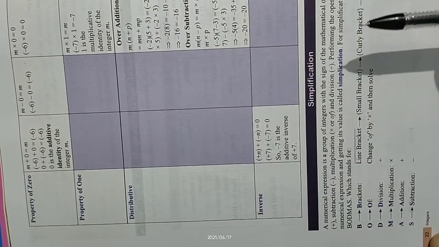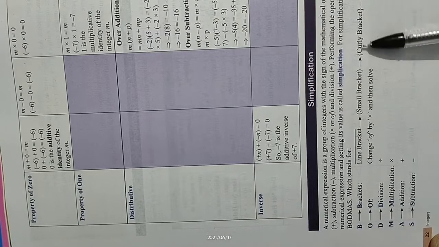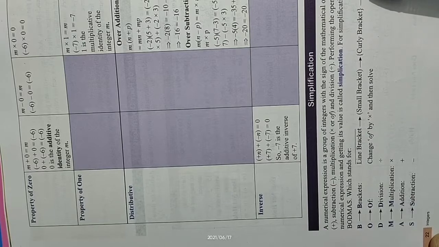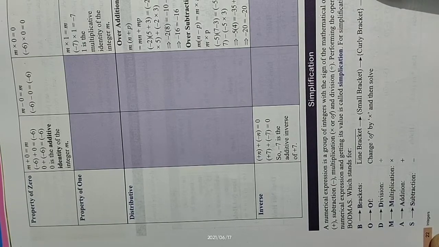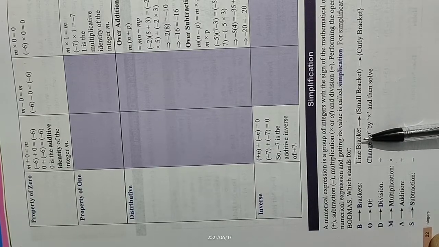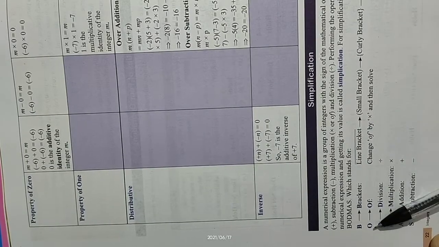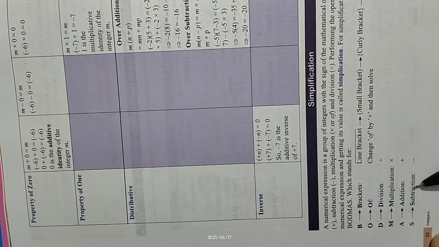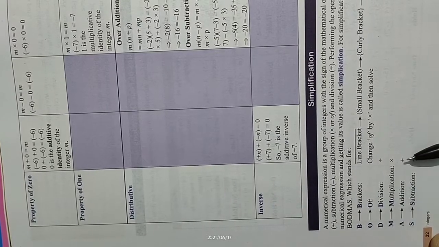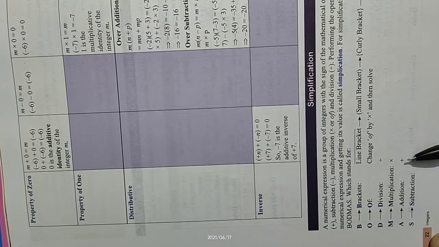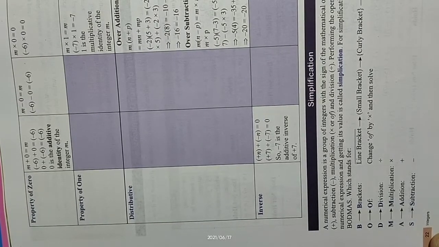Next we give preference to the curly bracket, and last we solve inside the square bracket. So this is the order of performing operations which involve different types of brackets. Then of, division, multiplication, addition and subtraction. So using this order we are going to simplify numerical expressions relating to integers.